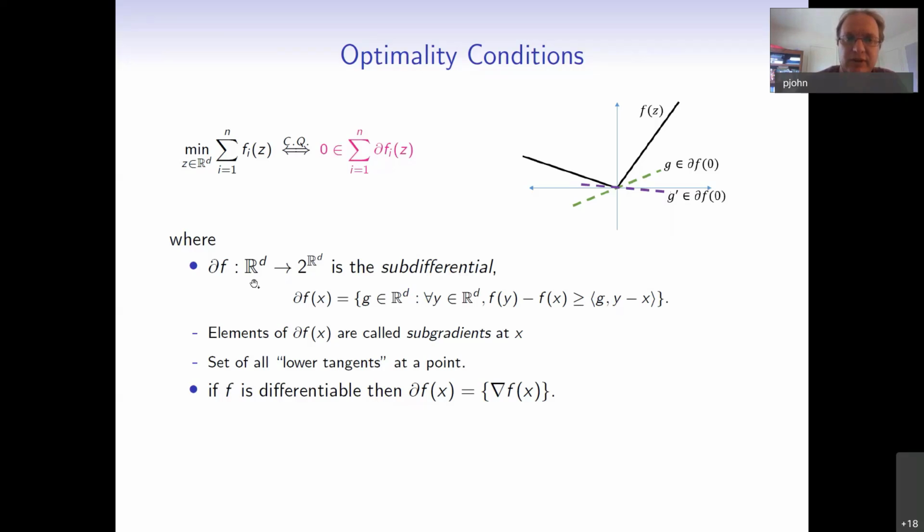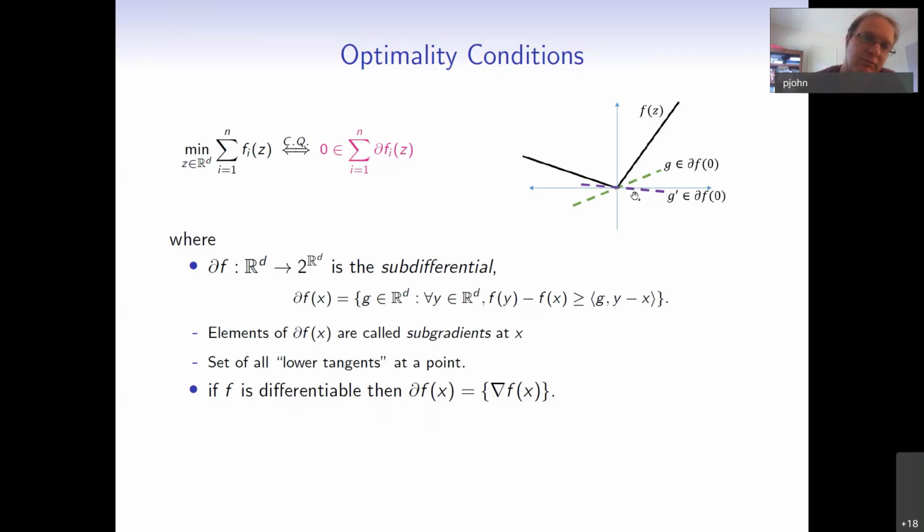The sub-differential is a set-valued operator. So you input a vector and you get back a subset of vectors. Let's just look at an example. If you're not familiar with sub-differentials, this black function is non-differentiable at the point 0. The sub-differential is the set of all lower tangents. So it's really a range of possible vectors.